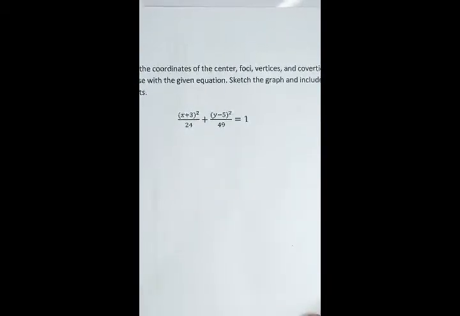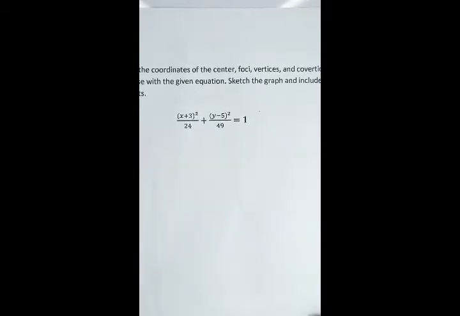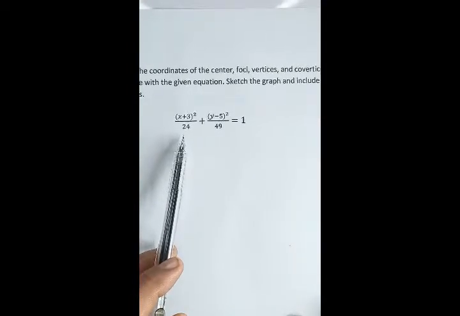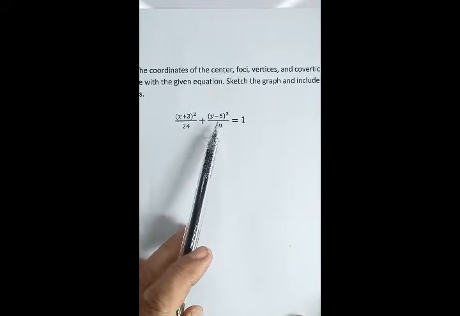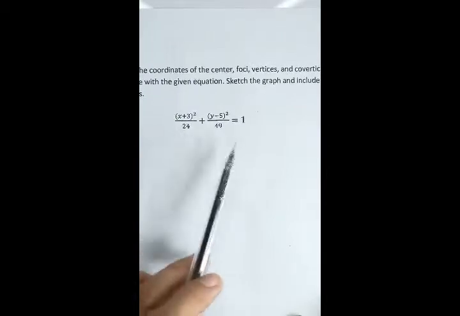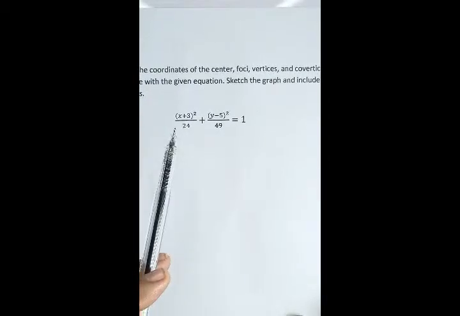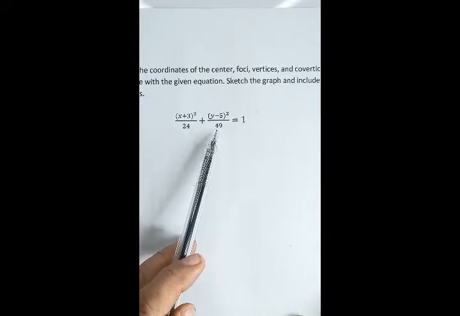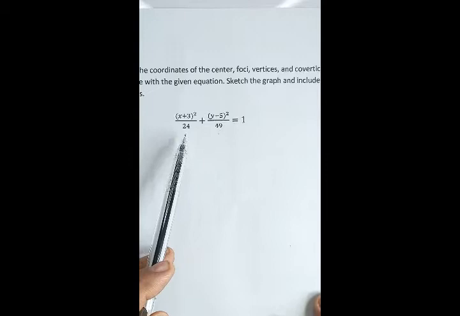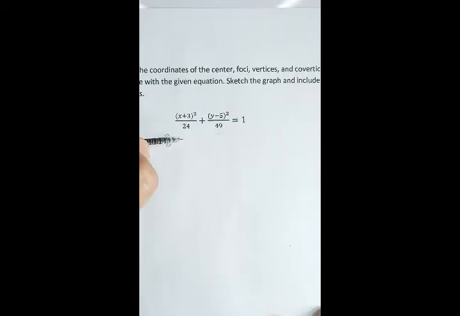First, let us observe the orientation of our ellipse. We compare the denominator of the x part and the denominator of the y part to see which is bigger. The bigger one becomes our a. In this case, 49 is bigger, so 49 is our a, and 24 is our b.